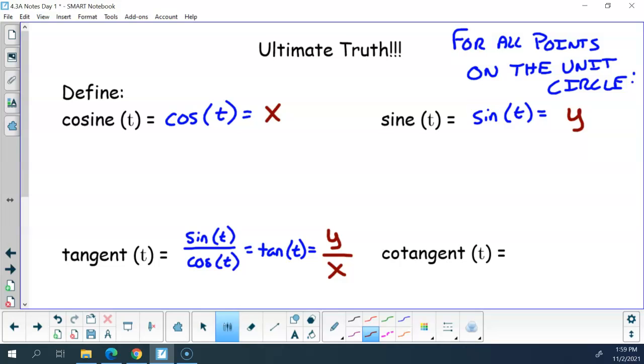Those three you have probably heard of before, because all of you made it through geometry to get to this point. So you probably have heard of SOHCAHTOA before, sine, cosine, and tangent.